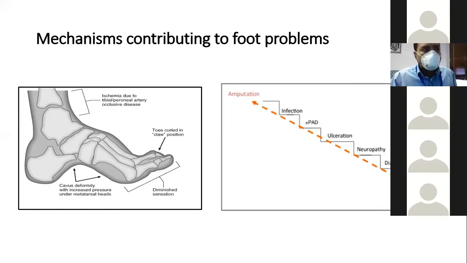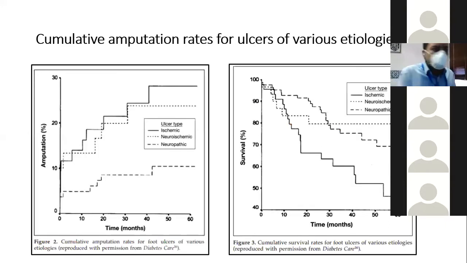So this is the ladder to amputation which these patients have. First they have the neuropathy, then they have ulcer. If it is associated with peripheral vascular disease and infection, it leads to a major amputation. This was a very good work done by Malik and colleagues, who compared the amputation rate and the cumulative survival in three types of patients: ischemic, neuroischemic, and neuropathic.